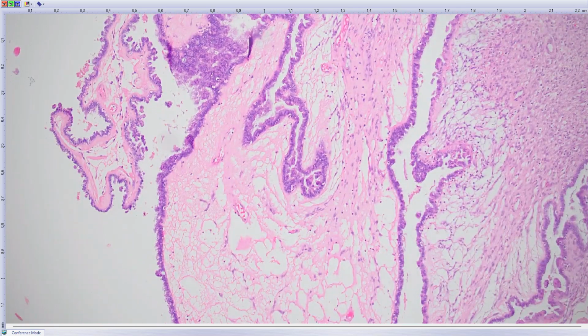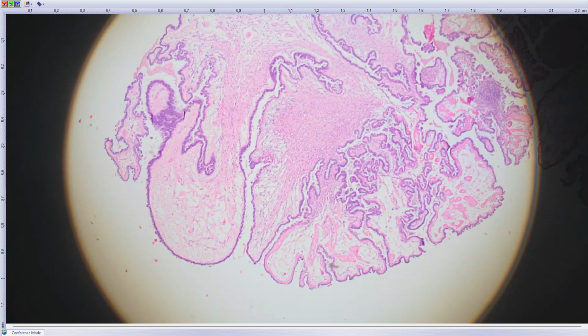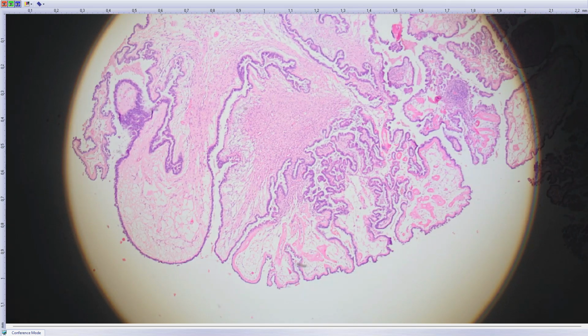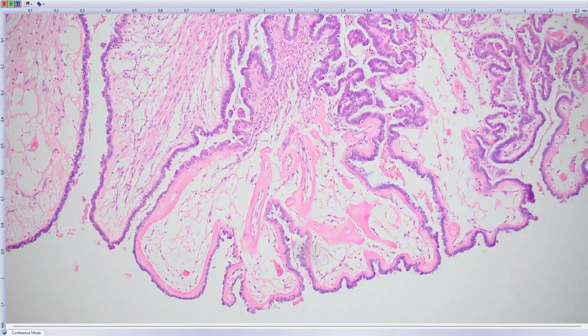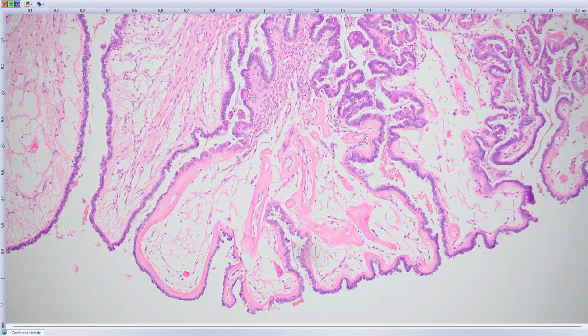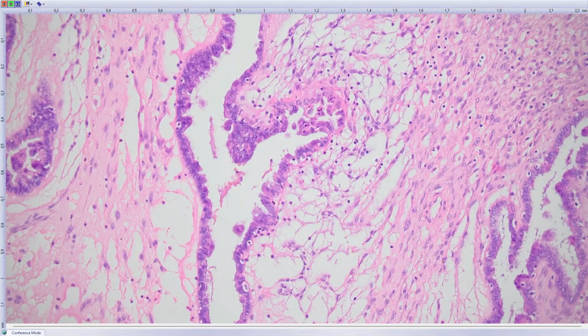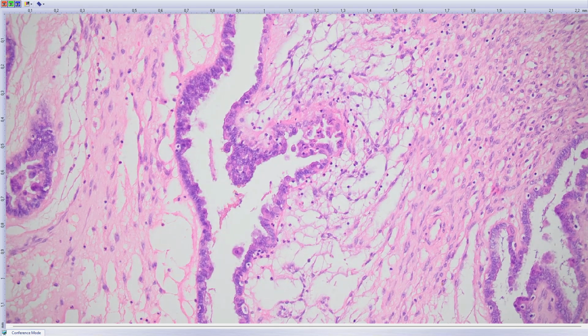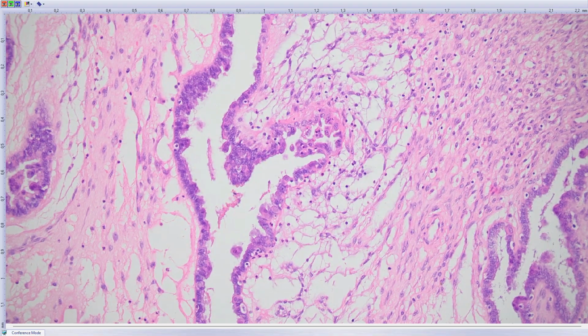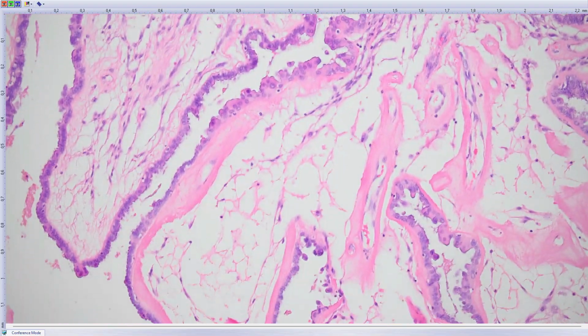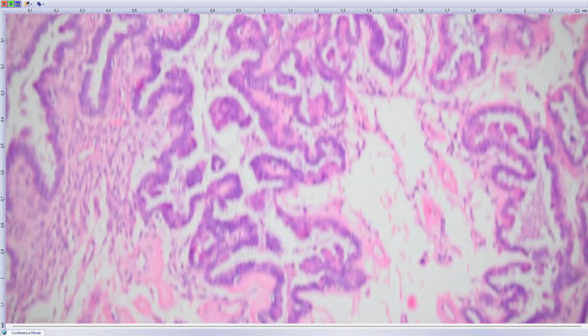But there is also another quite typical feature for this lesion, which is edematous stroma of the papillae. The other thing is a quite characteristic neutrophilic infiltration of the stroma and epithelium of the papillae, which is constantly present in these lesions.